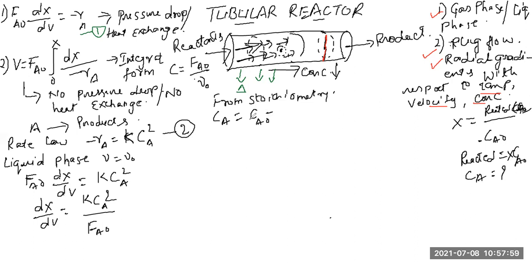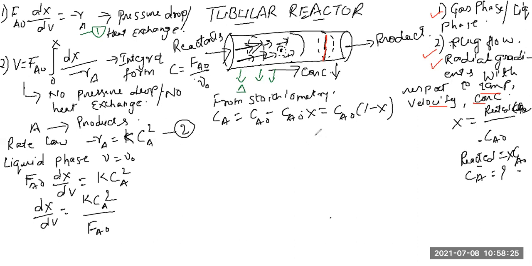Ca would be initial minus how much have reacted, because what have reacted has gone, right? So remaining would be Ca0 minus reacted, which is Ca0 dot x, equal to Ca0 (1 minus x), right? This is defining concentration in terms of conversion.